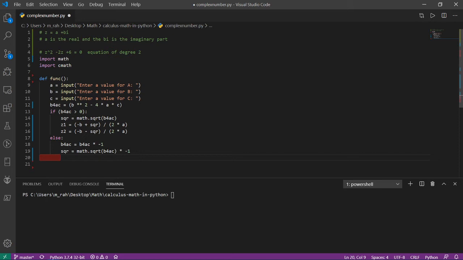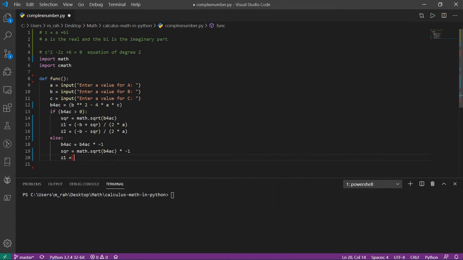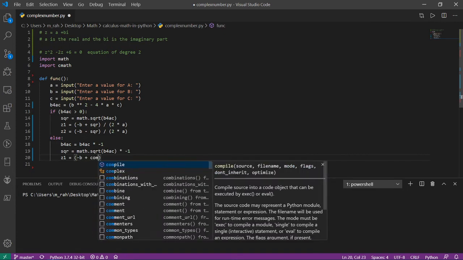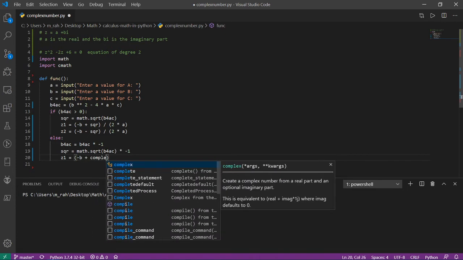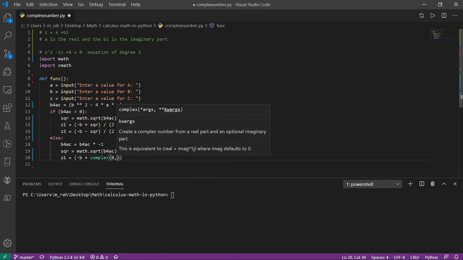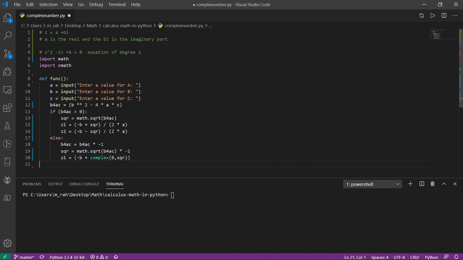Now I can print out my set1, and here I say minus b plus complex of 0 and the square root, and divide this by 2 times a.